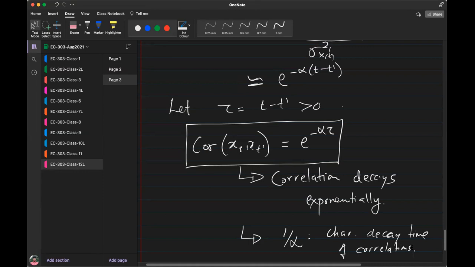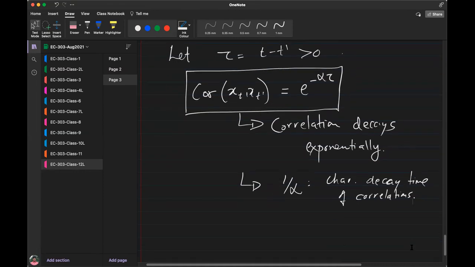And this is a very, very useful result for a very simple reason. You often have a stochastic time series, and you don't know the Langevin equation or the parameter value alpha. So what you can do is calculate what we call the autocorrelation, also called the autocorrelation function because it's between the same variable x.